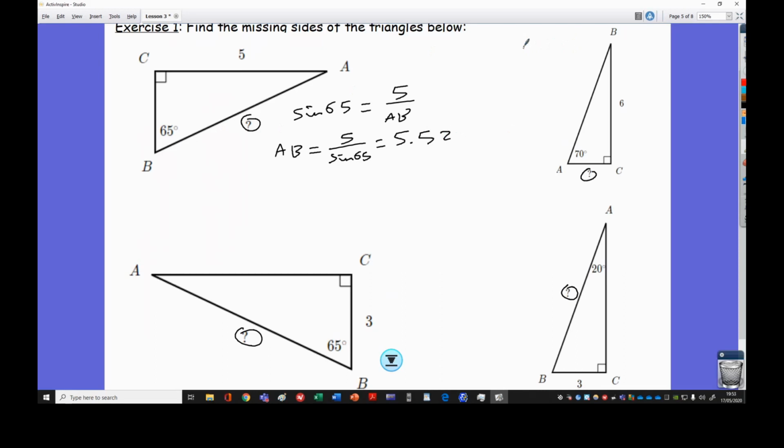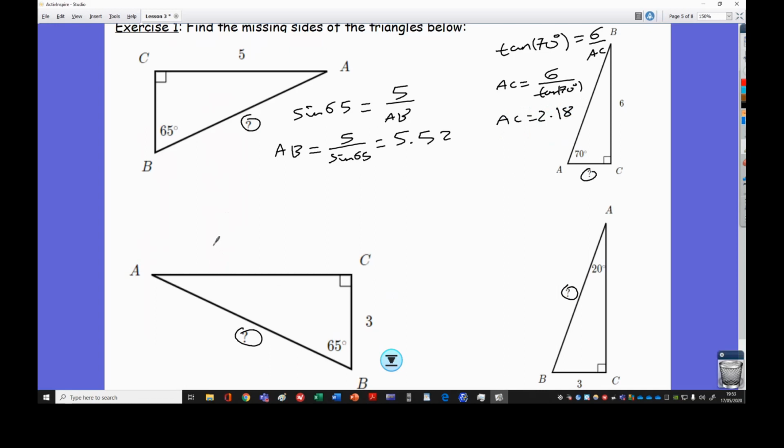Second one, you should have tan, because obviously you've got the opposite and you want the adjacent. Tan 70 is going to be 6 over AC, which will mean that AC, if you rearrange that as we did before, is going to be 6 over tan 70. So AC is going to be 2.18 centimeters, or whatever the units are.